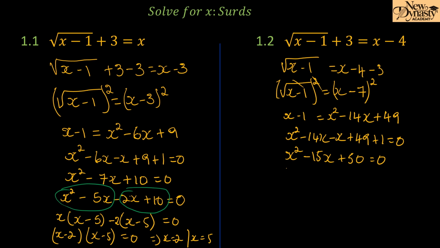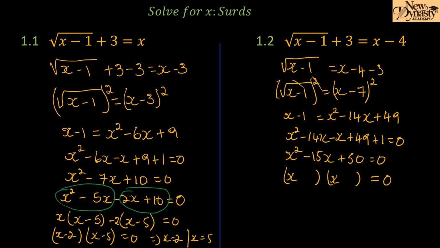So from here, I'm going to do it differently. We're just going to get the factors here of the first term and the last term, focusing on the second term. Now in this case, the factors of x squared are x and x. Now the factors of 50, there are several factors of 50. It's 5 times 10, this 25 times 2. But we should focus on our middle term here.